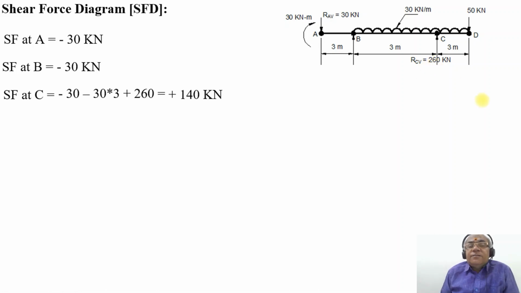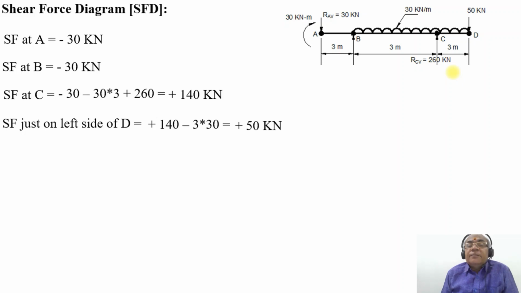That means SF suddenly increases from minus 120 to plus 140 in the positive direction due to the reaction at the point C. Now SF just on the left hand side of D: you get plus 140 minus 30 into 3, which becomes plus 50. So just on the left hand side, SF at the point D will be equal to plus 50 kilonewton.